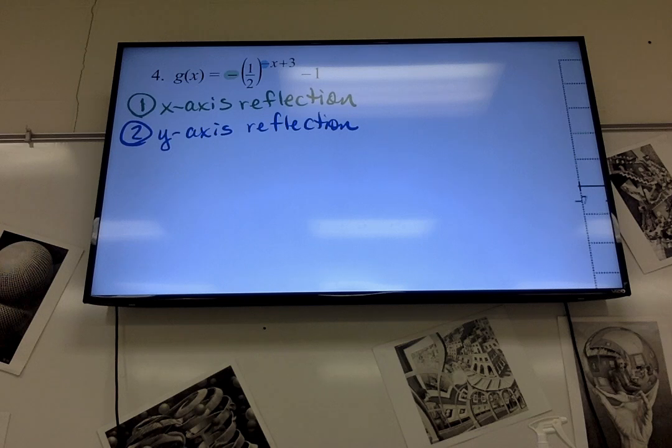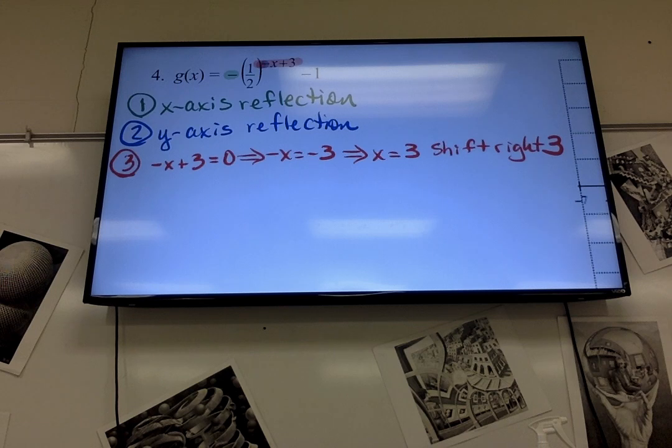Let's do red this time. So now all of that. So negative x plus 3 equals 0. So if I solve that, it's negative x equals negative 3. So that's x equals 3. So how's that going to shift? Yep. Good.